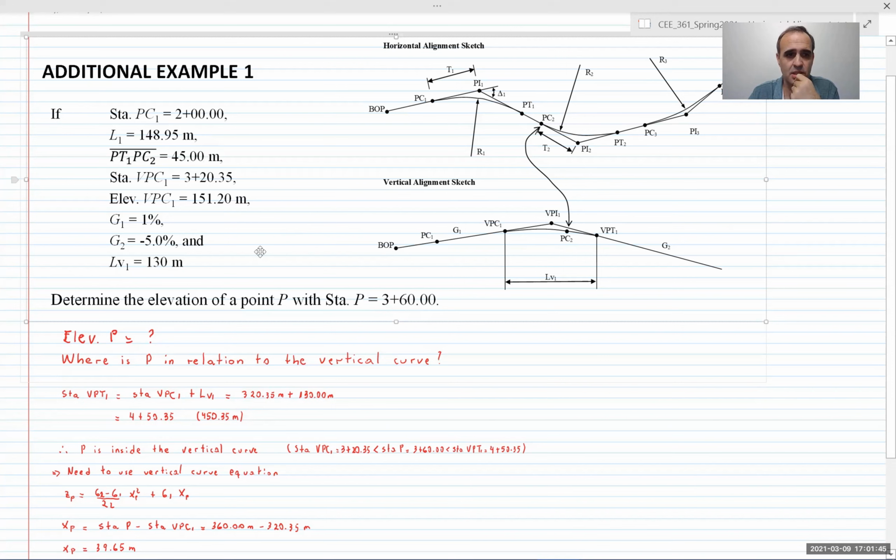This station 360 is greater than the station of PC1, so I know the point would be somewhere beyond that point. And in fact, the station of VPC1, which is this point here, the beginning of the curve, is 3 plus 20, so still point P would be somewhere beyond that point. So it would be either in this vertical curve or on this tangent.